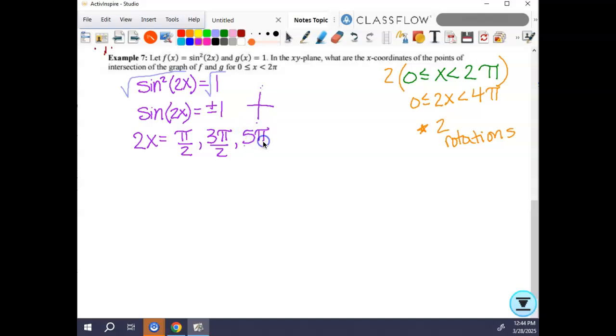And the next time I get to 3 pi halves, I'm at 7 pi halves. Everybody with me? I don't care about 2x. I want x. What do I multiply this by? 1/2. Very good. So then go ahead and write out your answers.